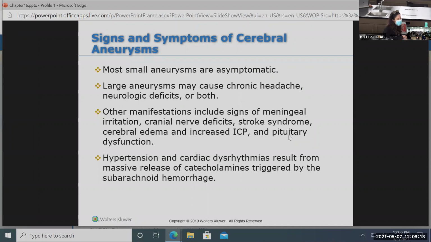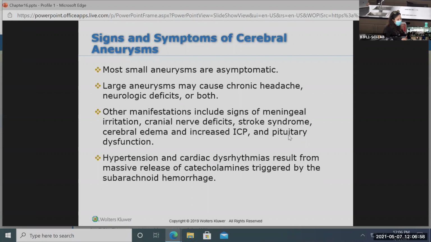Other manifestations include signs of meningeal irritation: headache, neck rigidity, vomiting. Those are all due to meningeal irritation. Also cranial nerve deficits, stroke syndromes, cerebral edema, increased intracranial pressure, and it may also involve the pituitary gland. So over here, please remember signs of meningeal irritation.